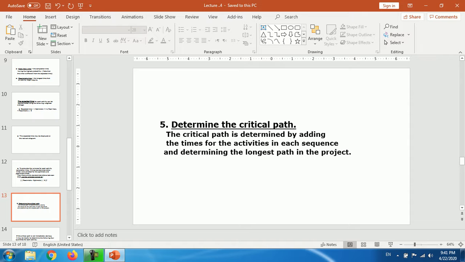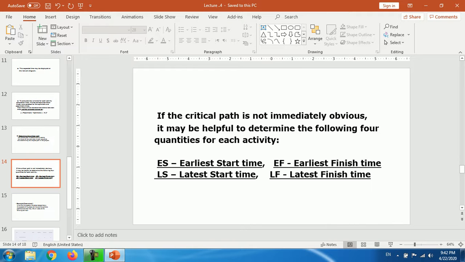Number 5. Determine the critical path. The critical path is determined by adding the times for the activities in each sequence and determining the longest path in the project. If the critical path is not immediately obvious, it may be helpful to determine the following 4 quantities for each activity.